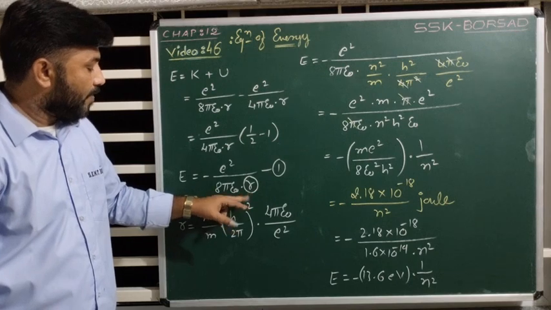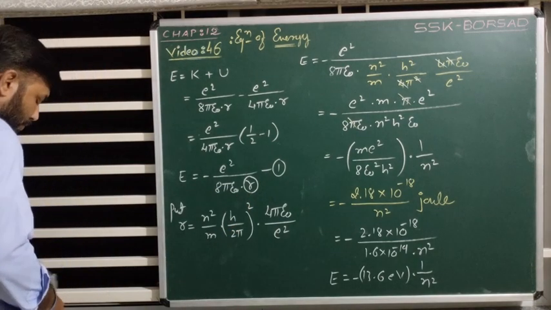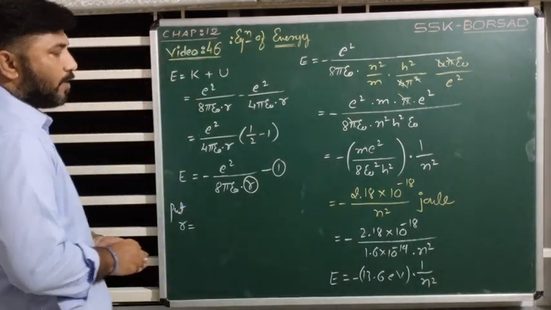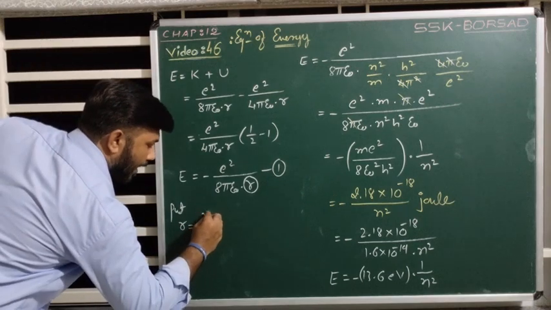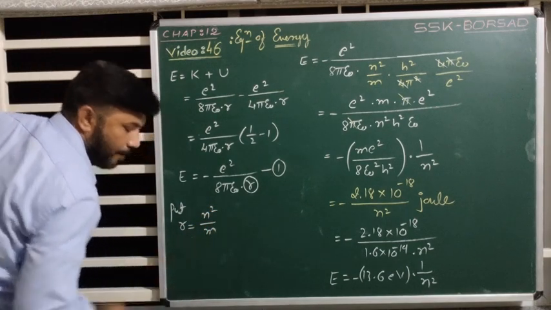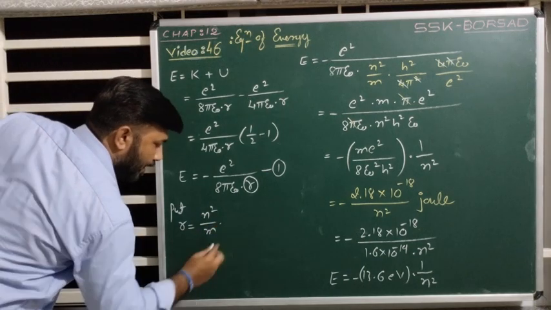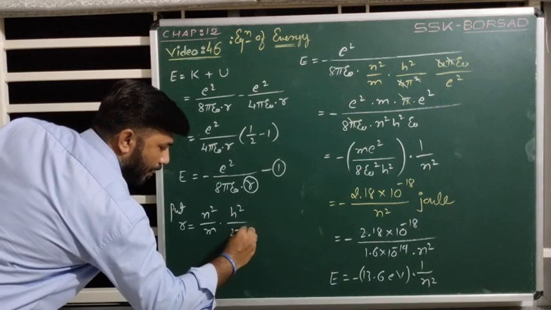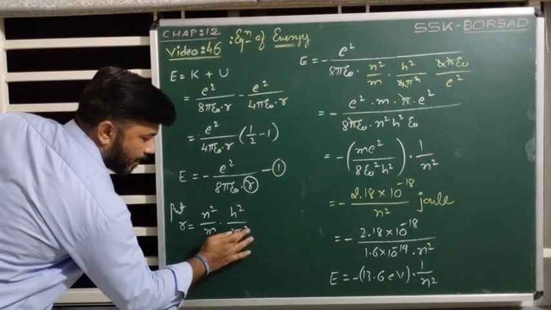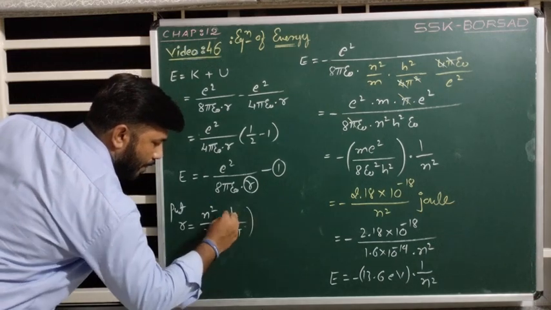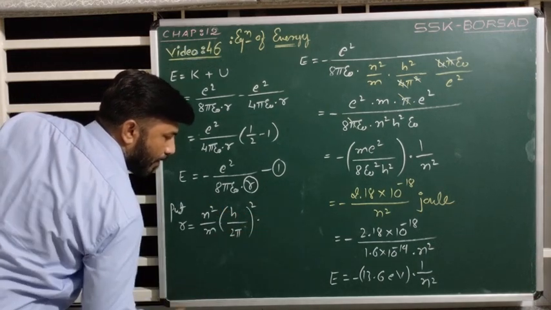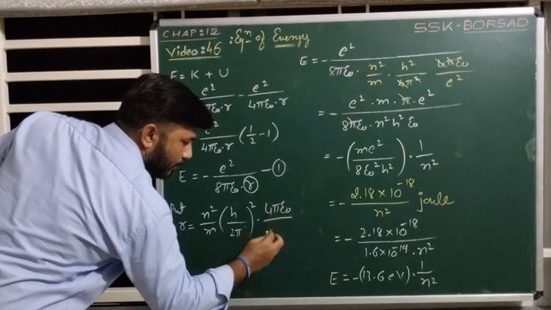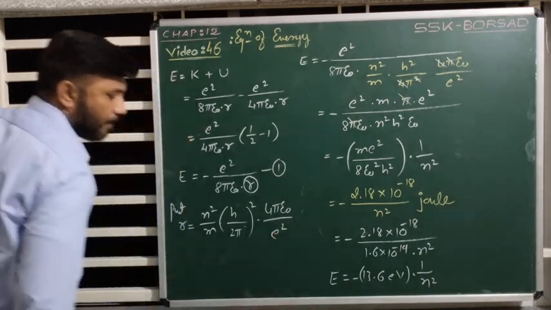Here put the value of r, but you have to remember the value of r: r is equal to n square by m, multiplied by h upon 2 pi whole square, multiplied by 4 pi epsilon 0 upon e square.